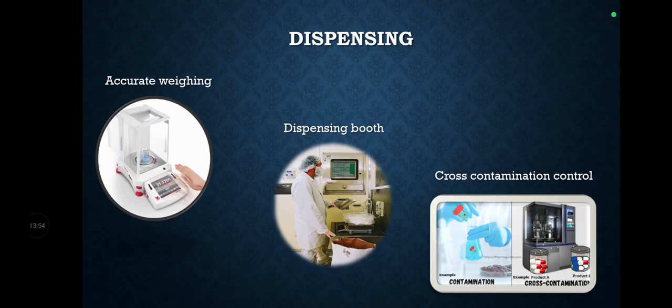The calibrated balances we use should be calibrated at a set frequency. A dispensing booth should be available, and cross contamination control should be there. Cross contamination means, suppose we are making paracetamol tablets and suddenly we dispense cetirizine material, then there will be chances of contamination between paracetamol and cetirizine. So cross contamination should be avoided during dispensing of any materials to manufacturing.